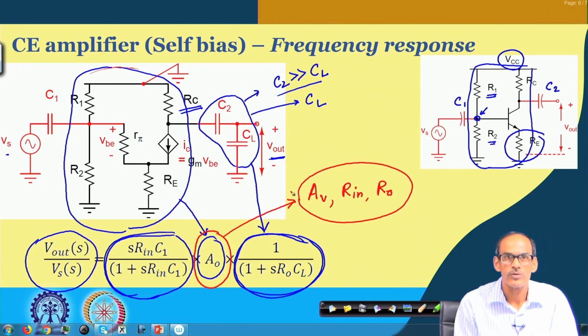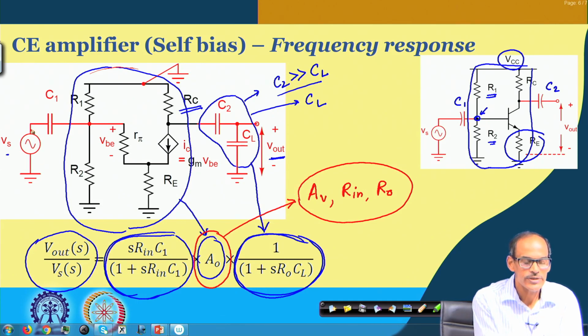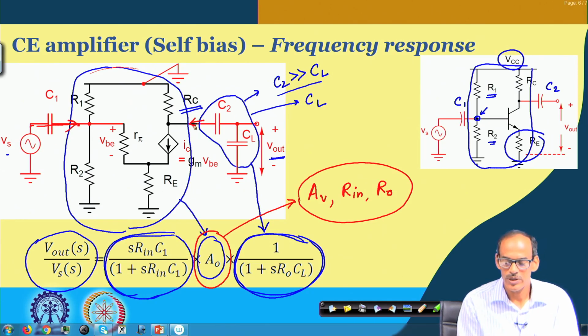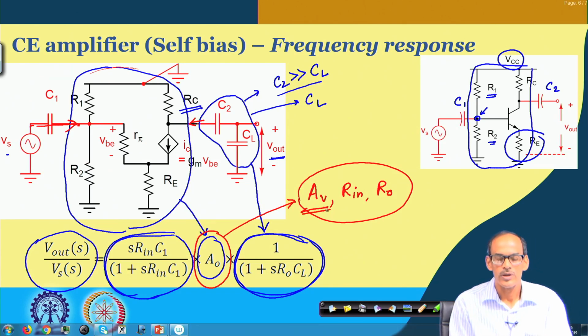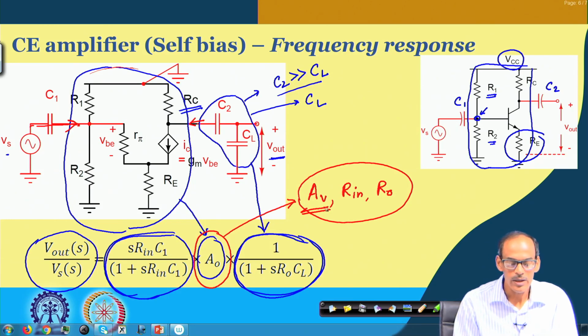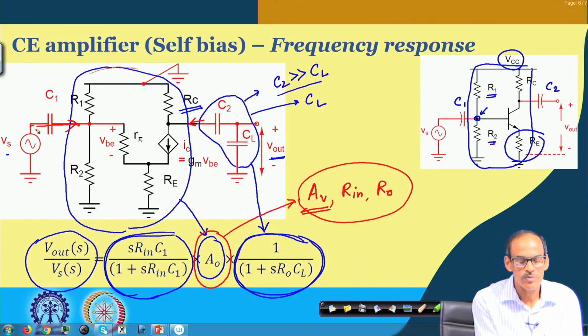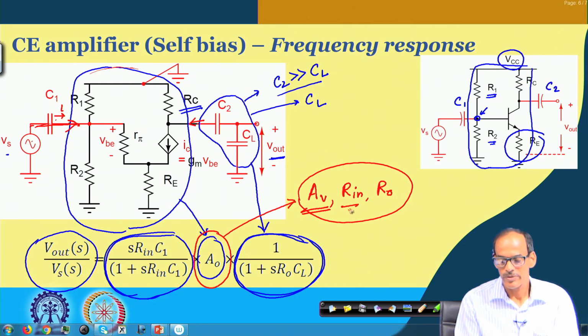We consider the signal given directly to this point and see the corresponding output, and the ratio of the two gives us the voltage gain AV. If we stimulate this circuit and observe the corresponding current, the ratio gives us the input resistance.